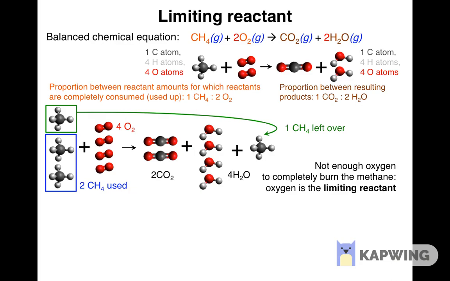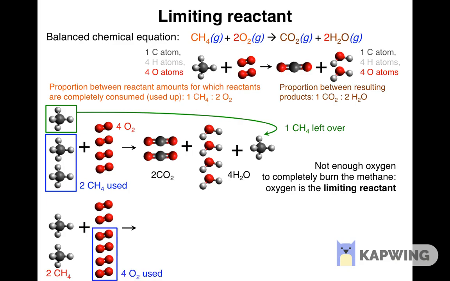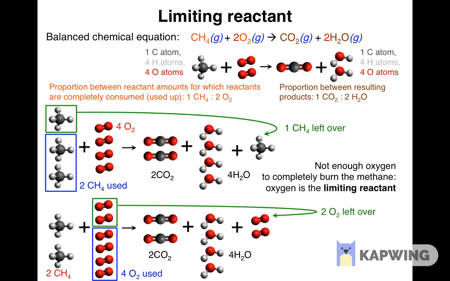Let's now consider the following situation. We have 2 methane molecules and 6 oxygen molecules. Each of the methane molecules reacts with 2 oxygen molecules, so that overall 2 carbon dioxide molecules and 4 water molecules are formed. However, 2 oxygen molecules remain unused.